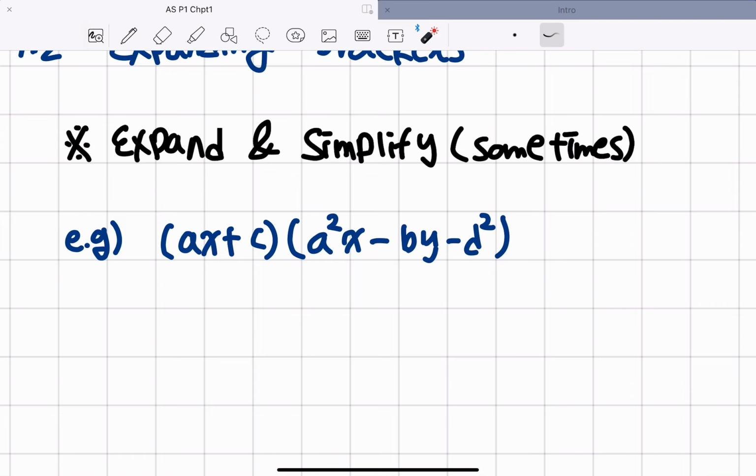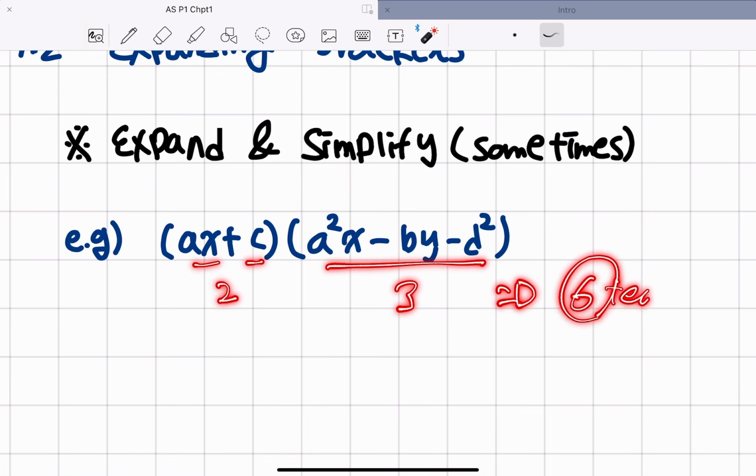We always need to remember that we multiply with all the terms. They have 2 terms and 3 terms, which means the answer should have 6 terms.